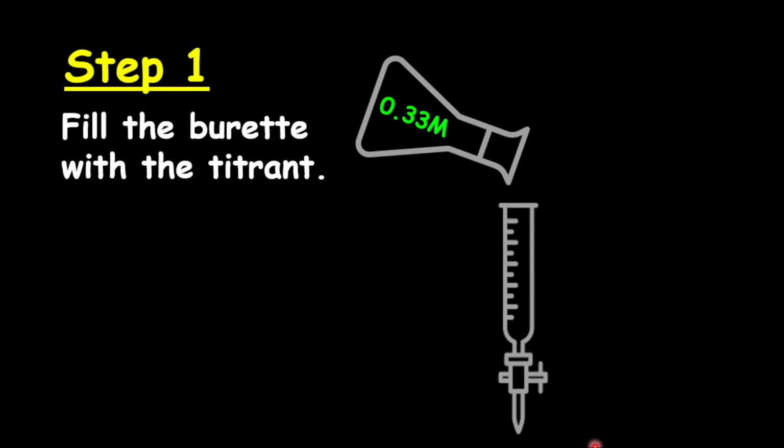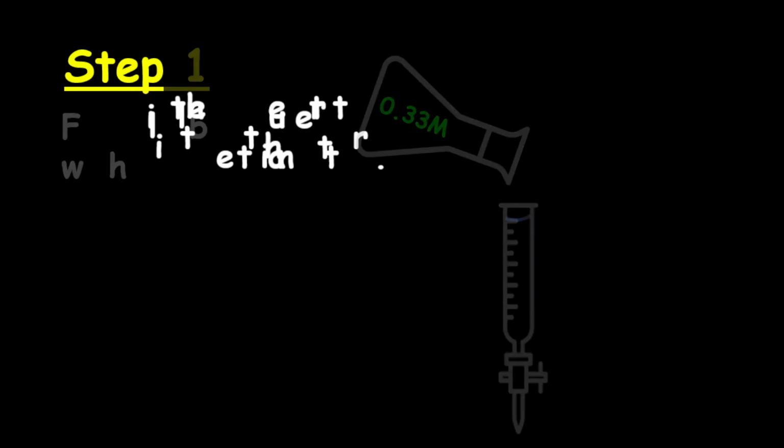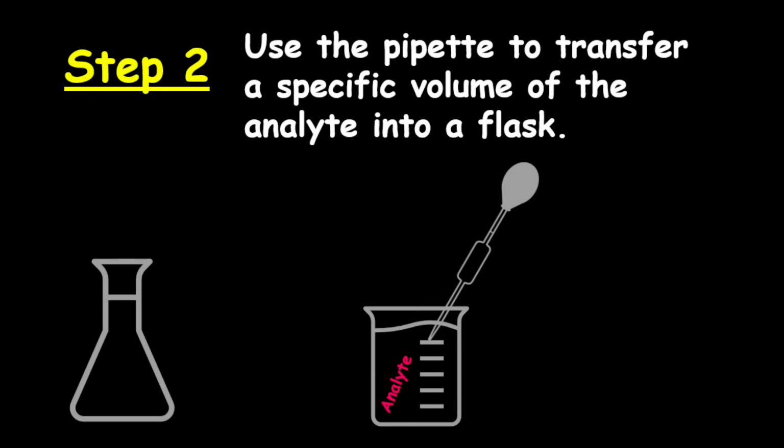For step 1 in a titration, you fill the burette with the titrant, all the way up to the top, of course, and you're going to release your volume after. Notice I have a specific molarity there, for example 0.33 mole. Second, once you have your titrant, you use a pipette to transfer a specific volume of the analyte into a flask.